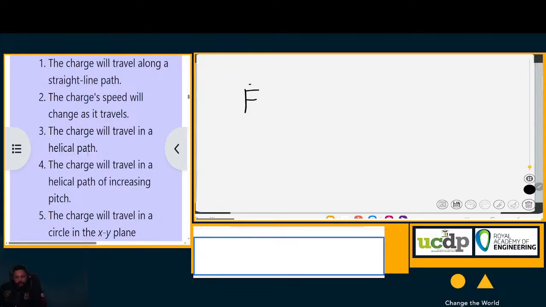The net force on this particle will be equal to the force due to the electric field plus the force due to the magnetic field.